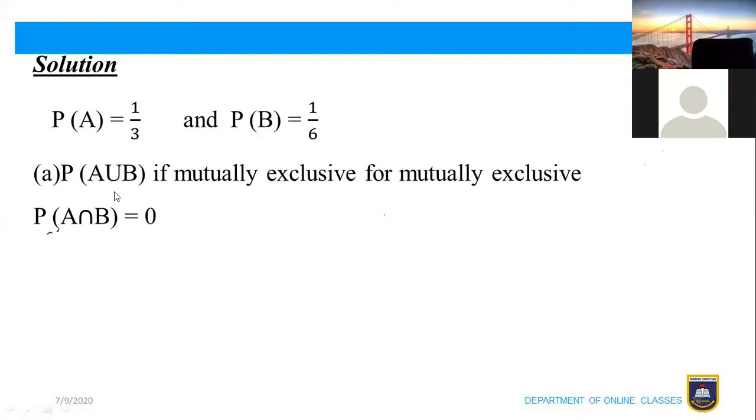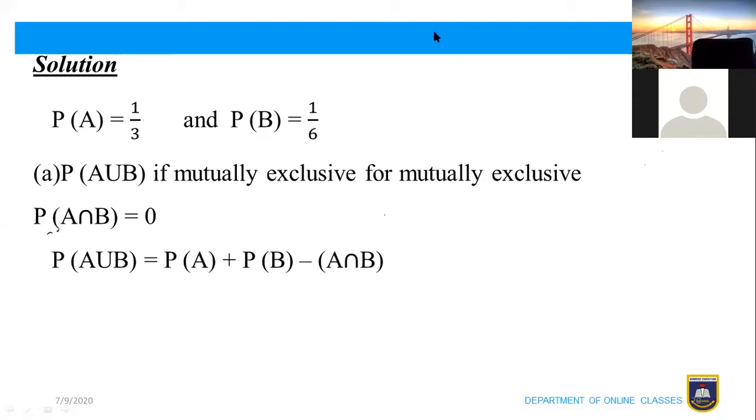So probability of A union B, if they are mutually exclusive, will be equal to probability of A plus probability of B minus probability of A intersection B.